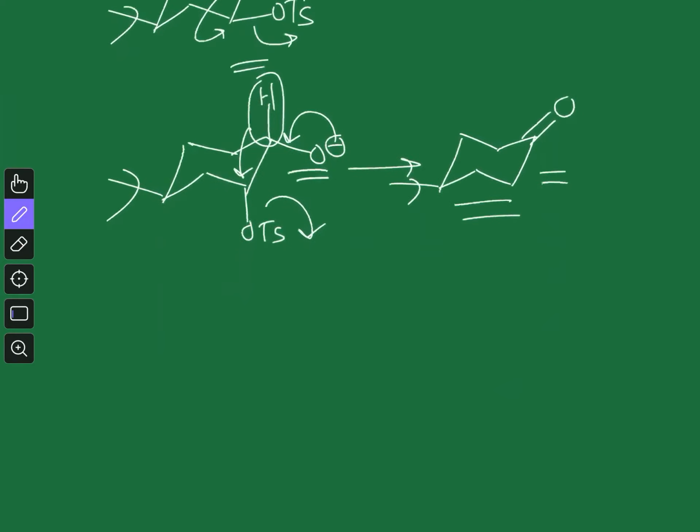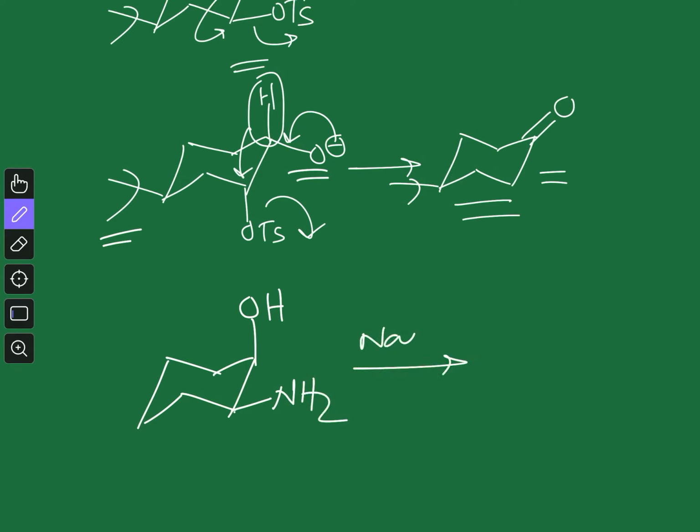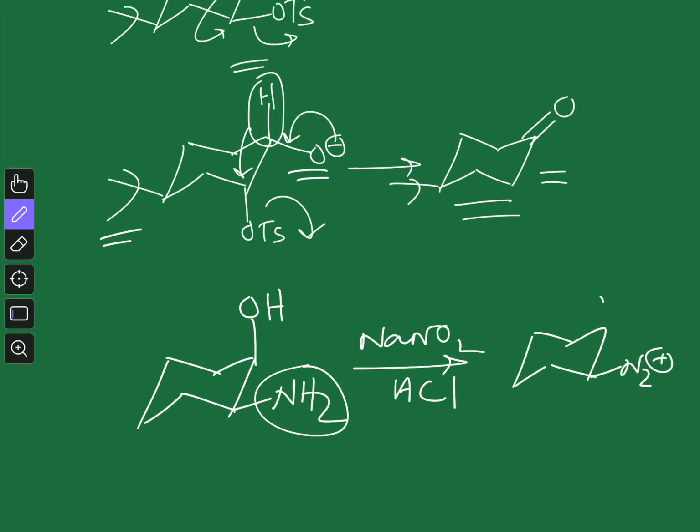Now this is the case, this is only one product you will get when this tert-butyl group is there, because ring flipping is not possible. But let's say you don't have the tert-butyl group, so now ring flipping is possible. And let's say here you have OH group and here you have NH2 group. So if you treat this with NaNO2 HCl, it will make this NH2 as N2 plus. Okay, so this is another variation, it again converted to the leaving group.